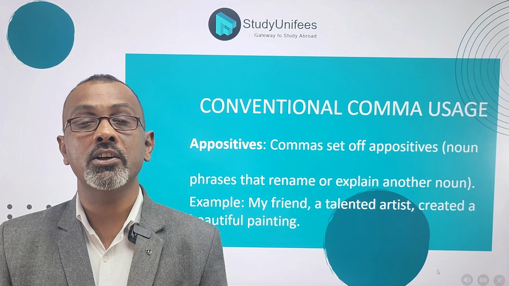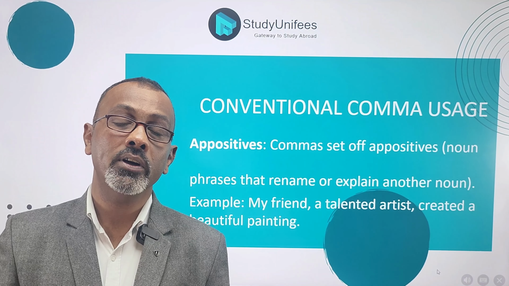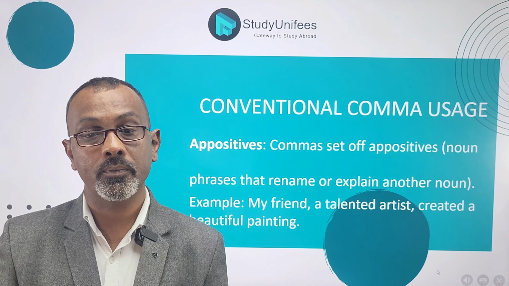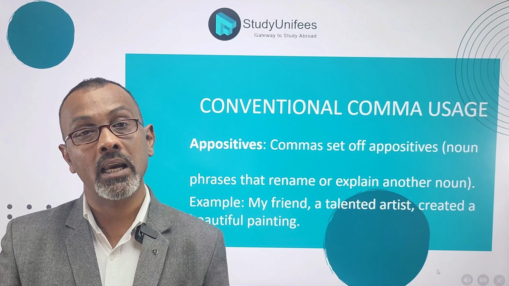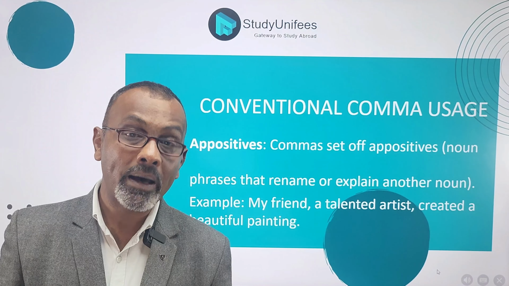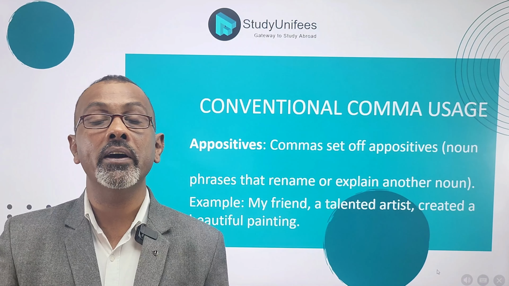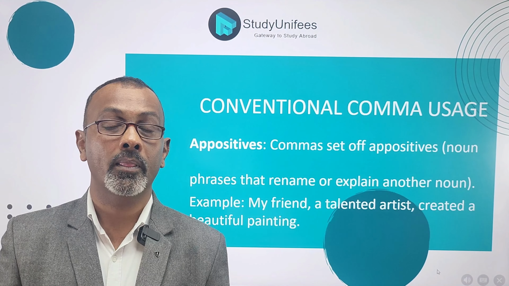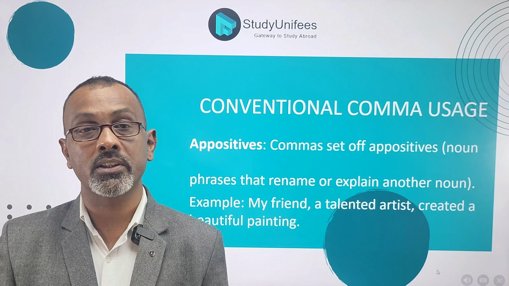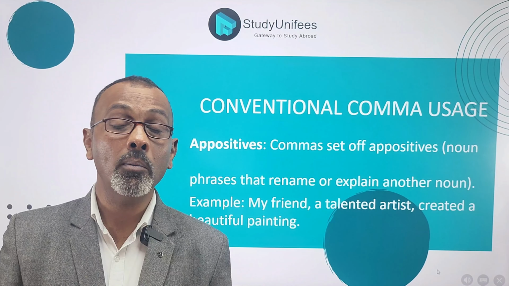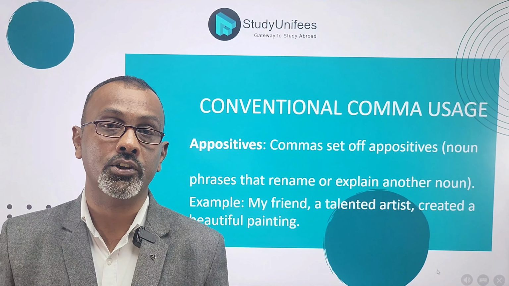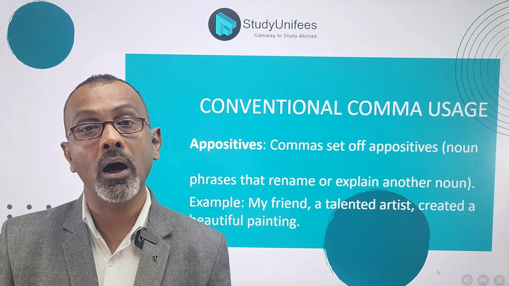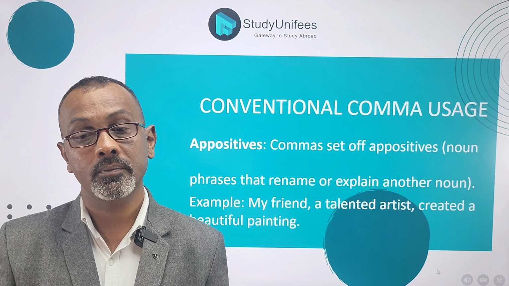Appositives are non-essential structures that are not really part of the independent clause. Here, the phrase, a talented artist, is the appositive. The independent clause is, my friend created a beautiful painting. Whenever you use such an appositive, put commas on both sides of it to clearly show that it is non-essential and thus not a part of the independent clause.